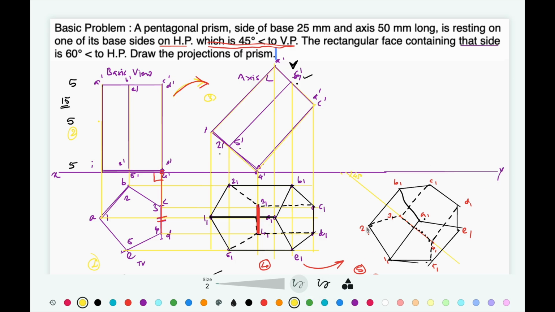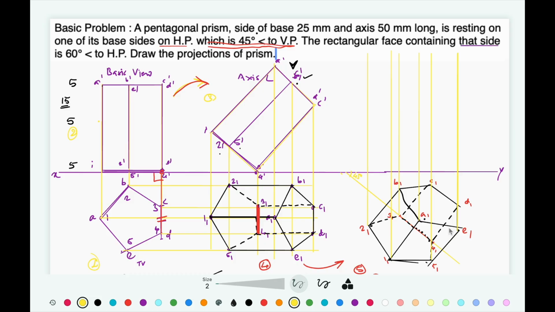Okay, now project all the points for the front view. Have I projected all the points?